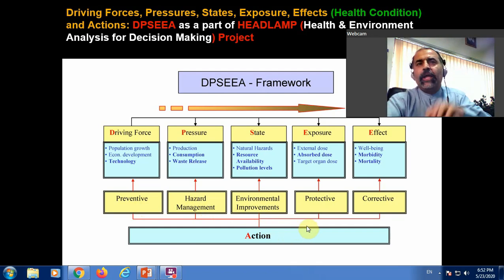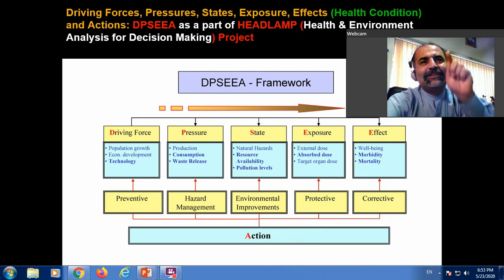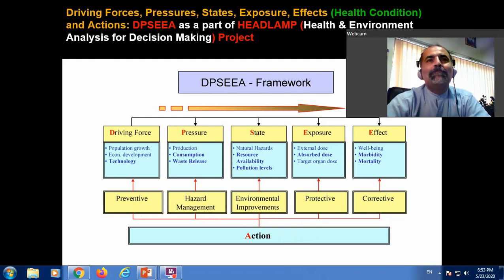Without knowing that information, we would not be able to designate an appropriate action plan. That is the main and final goal for a manager and decision maker as well.